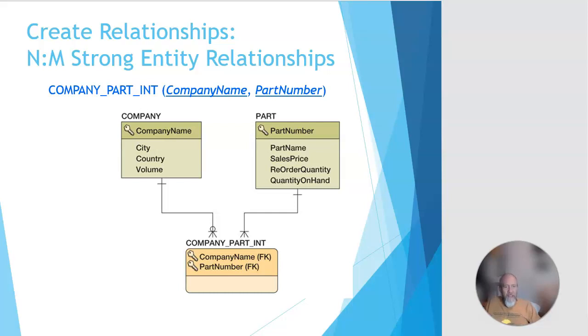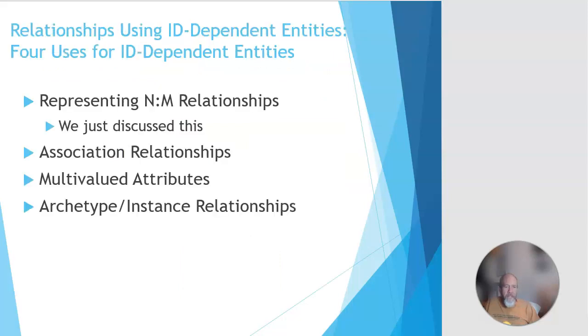Makes sense? And now we actually have the relationship between the company and the part, and it's a many-to-many. Companies can have many parts, and parts can have many companies. So you can see that you've got this ability to relate many to many with that association.